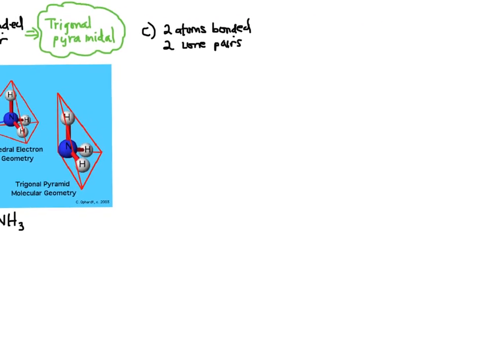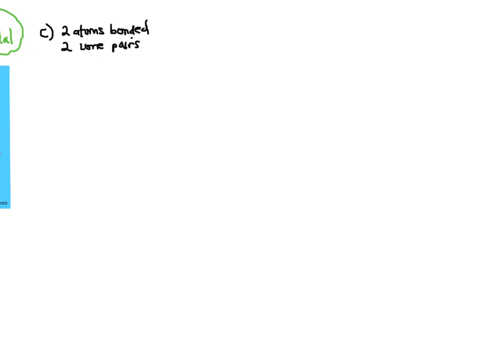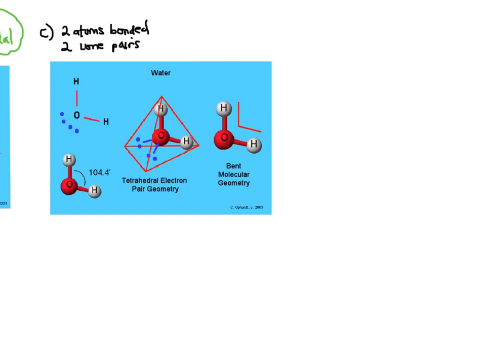All right, and then let's talk about the very last one with 4 electron domains. On this, we have 2 atoms bonded to our central atom, and then 2 lone pairs for a total of 4 electron domains. Our example here is water, H2O.